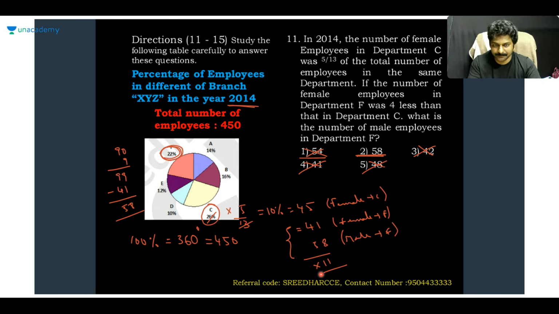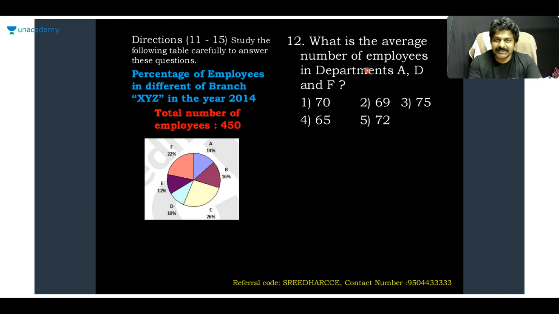Done? Yep. What is the average number of employees in departments A, D, F? A we have 14%, D we have 10%, F we have 22%. Average in the sense divided by 3.